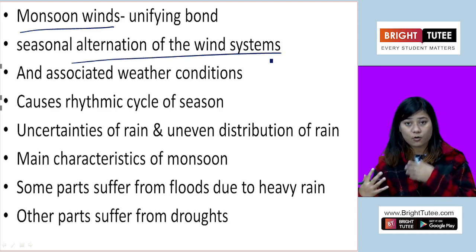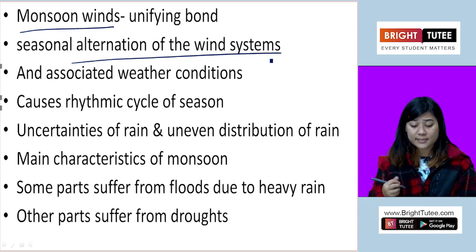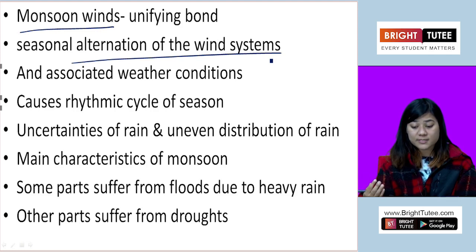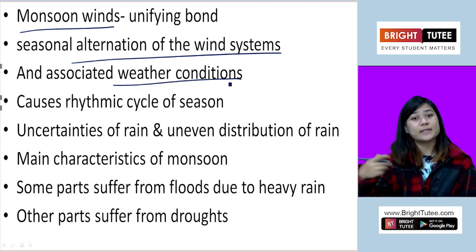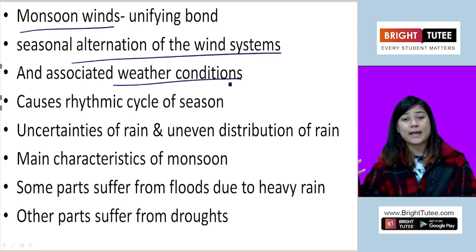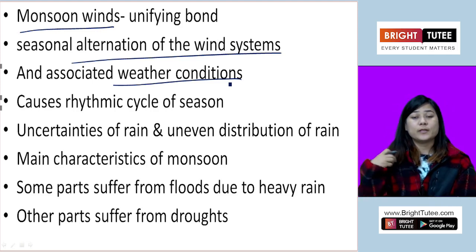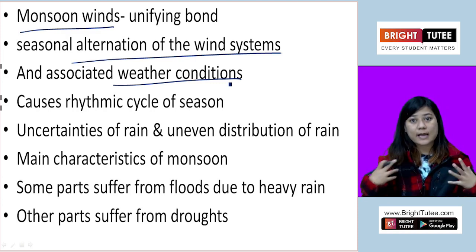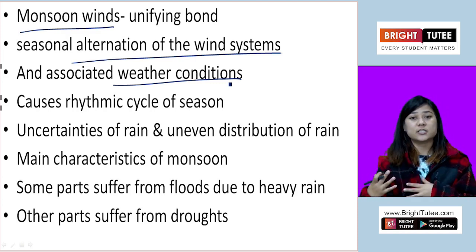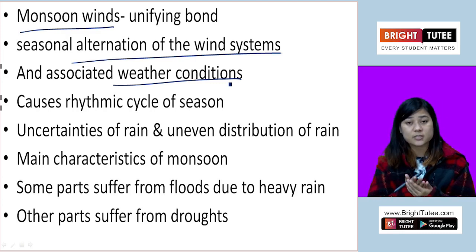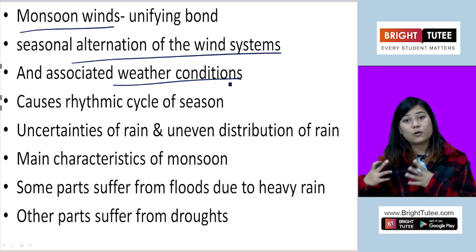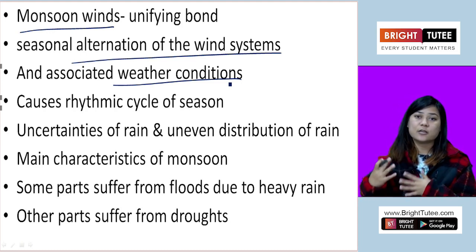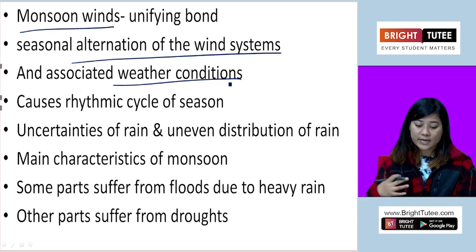So because of how they move, what causes them to move, as well as where they move, whether they move from high pressure to low pressure, whether they move from a high temperature area to a low temperature area, all this movement, these alternations and transitions, leads to the formation of monsoon winds, and it leads to the causes of rainfall in India.